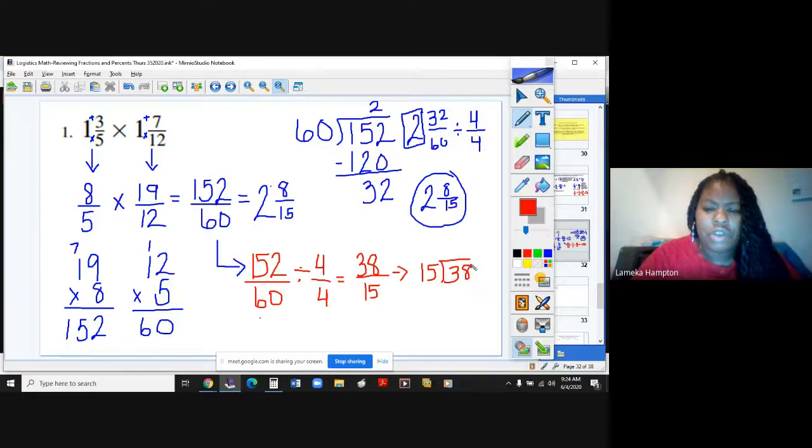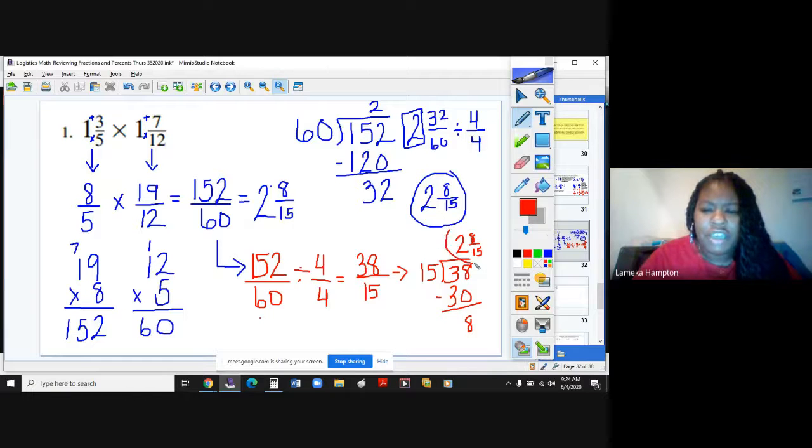Okay. So now I have 15 divided by 38, and that's going to give me 2, and that's going to give me 30, because 2 times 15 is 30. If I subtract 30 from 38, I have a remainder of 8, and what do you know? 8 over 15, because remember, we are keeping the same denominator.